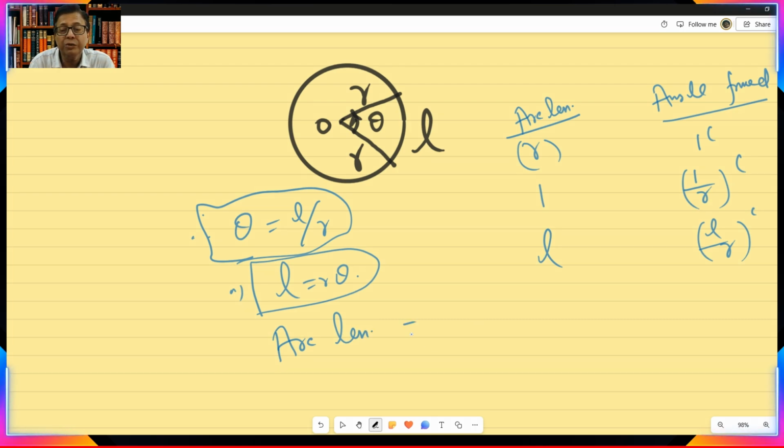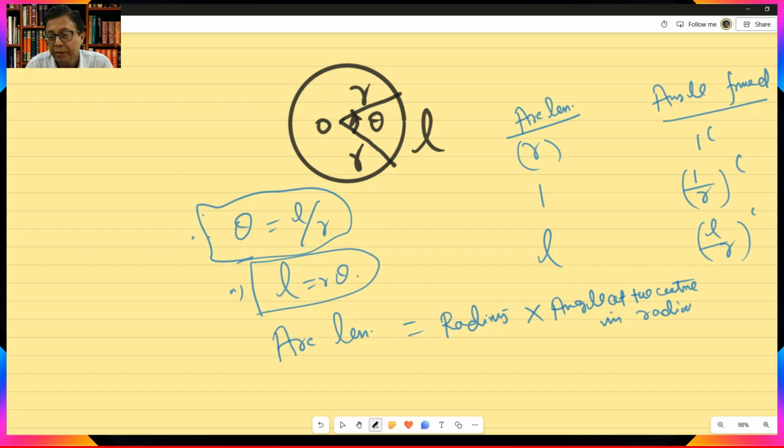Arc length equals radius multiplied by the angle at the center in radian. Am I correct? You have understood?